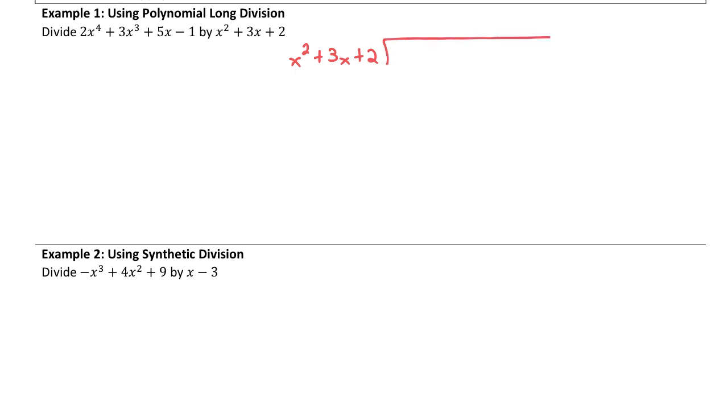And on the inside, what I'm dividing by, 2x to the fourth plus 3x to the third. And then what we notice here, there's no x squared term, okay? So since it jumps from x to the third to x to the first, I'm going to put in the term 0x squared as a placeholder. That is important because it's going to help us do some operations later on.